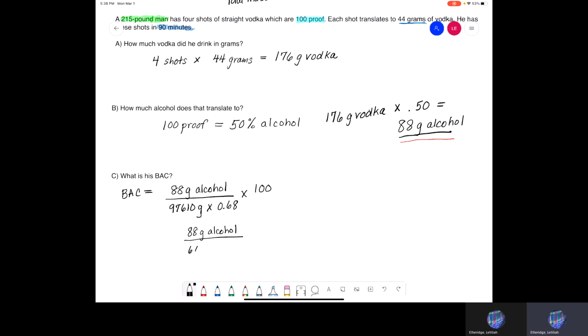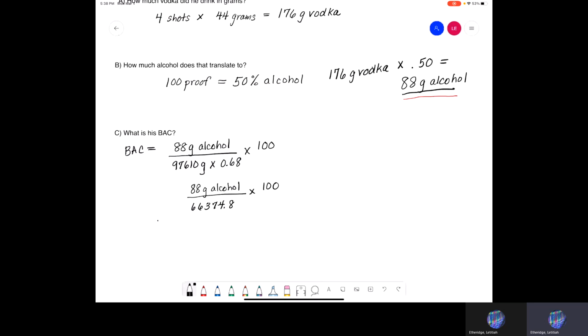We'll end up with 66,374.8. Remember, it's still times 100. So 88 divided by 66,374.8, and don't forget to multiply by 100. His BAC, just based on alcohol, not taking into account time, is 0.133.